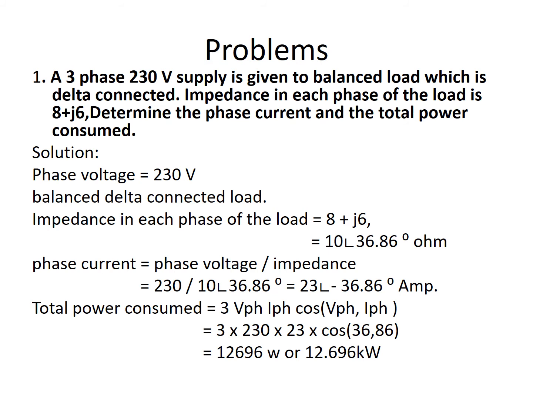And the impedance in each phase of the load is 8 plus j6 in the rectangular form. If you write it in the polar form, it is 10 with an angle 36.86 degrees. Now, you need to calculate the phase current, IPH, and the total power. IPH, you can use Ohm's law, V by R is equal to I. So phase current is equal to phase voltage divided by impedance.